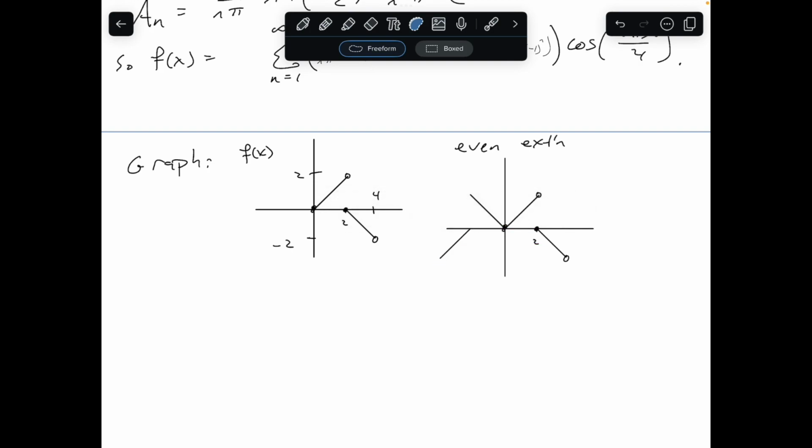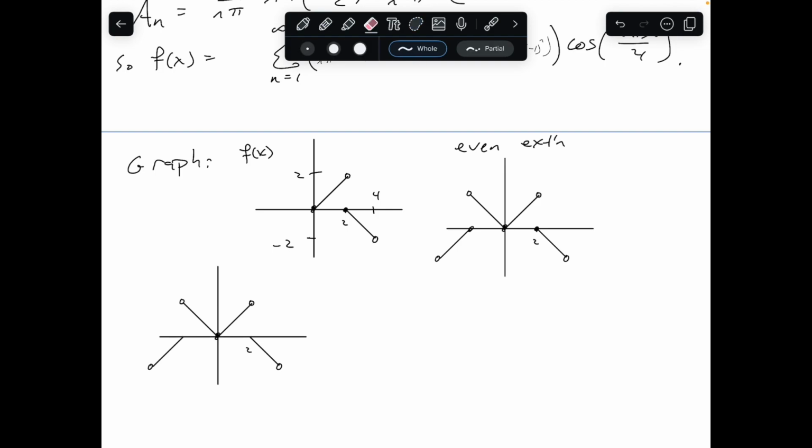Good enough. Yeah, so even extension just makes it symmetric about the y-axis, so you're just doing a horizontal reflection, like there's a mirror. And then the Fourier cosine series says take the even extension of this guy.